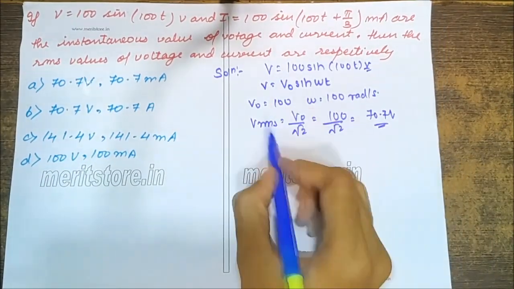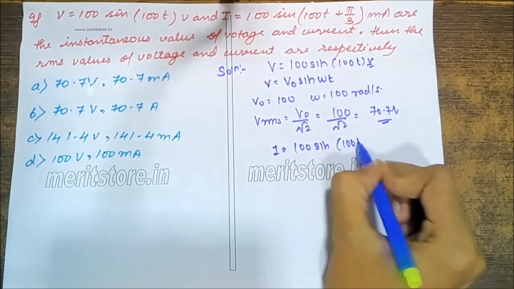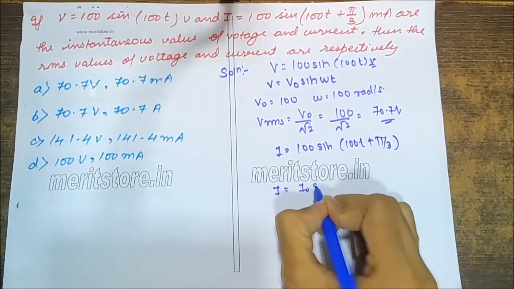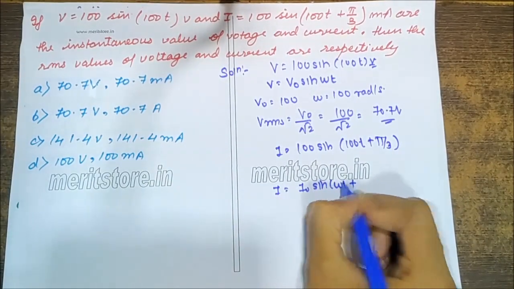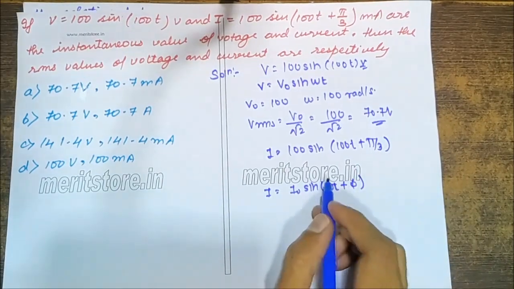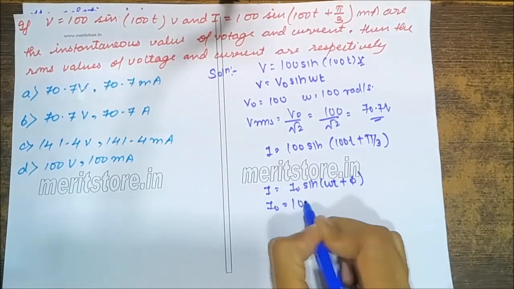We do a similar thing with the current, that is I equals 100 sin (100t plus pi by 3). Again we have I equals I naught sin (omega t plus phi). Here again I naught, the peak current, is given as 100, and omega is 100.